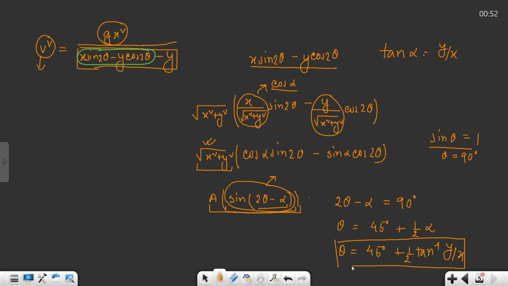So that is the solution right there. This is a much better solution than the previous one, as this requires less rigorous calculation. The previous solution required some rigorous calculation, but this one requires some knowledge of trigonometry. If we do have that, then the problem becomes a child's play.